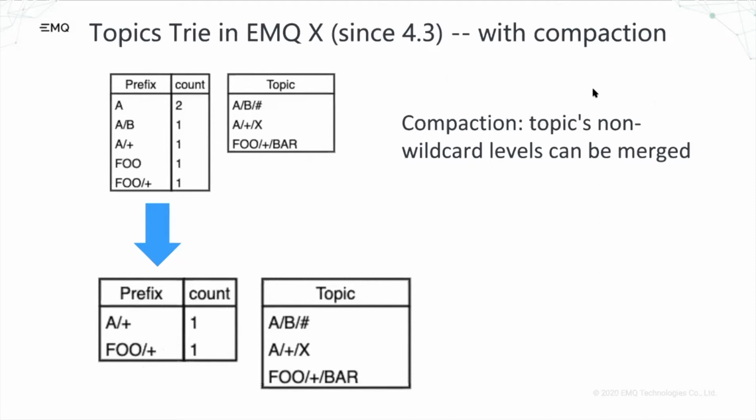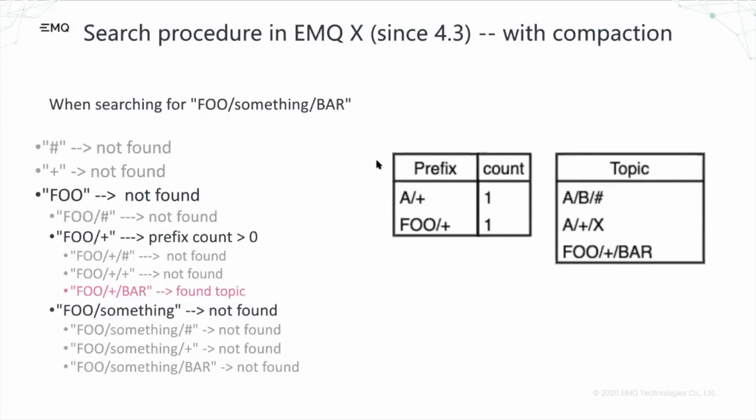If we delete all the prefixes without a wildcard suffix, the search becomes a bit more complicated, but to put it short, it tries to enumerate all the possible wildcard positions. So in the full flow, it tries to search for hash from the start and then plus.